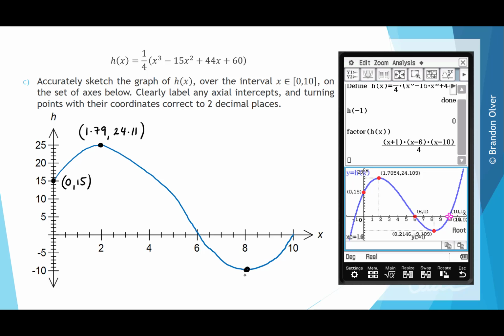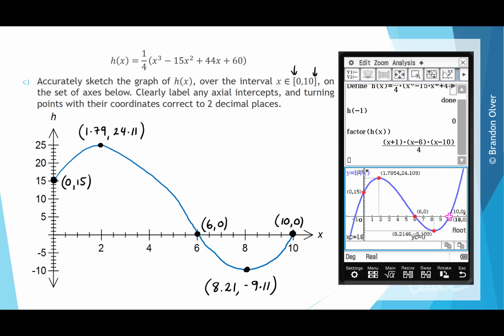And a minimum down here, which was at 8.21, -9.11, correct to 2 decimal places. We also had an x-intercept here at 6,0 and an x-intercept here at 10,0.